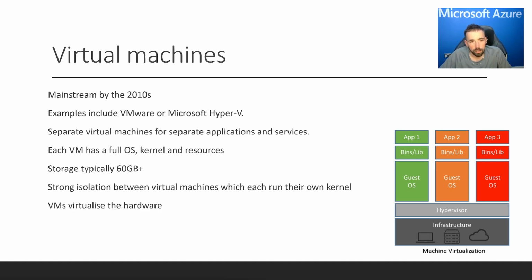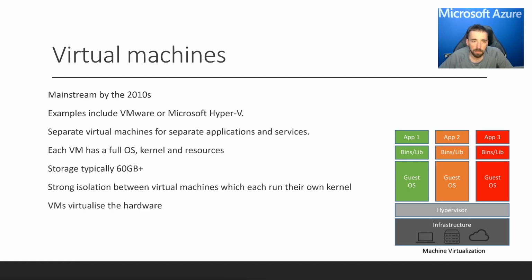So if we look at the diagram here, we've got the infrastructure. This represents the physical servers. On top of the physical servers, we had the hypervisor software installed, and this is the VMware or Hyper-V that would facilitate the virtualization, virtualize the hardware for the virtual machines, manage, start, stop, and coordinate the virtual machines, or provide an interface for us as admins to go in and modify the virtual machines.